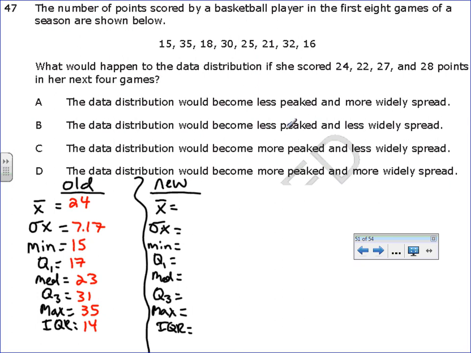And my new values were 24.42, 6.05, 15, 19.5, 24.5, 29, the max was 35, and my IQR was the same because it's Q3 minus Q1. No, it wasn't. Sorry, oops. So I've got 29 minus 19.5 is 9.5, sorry.